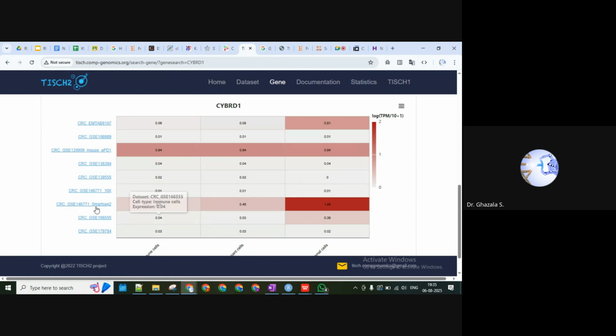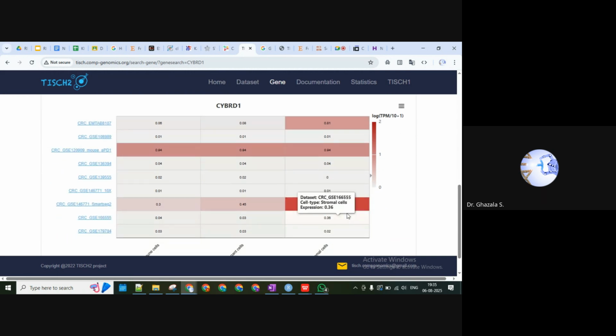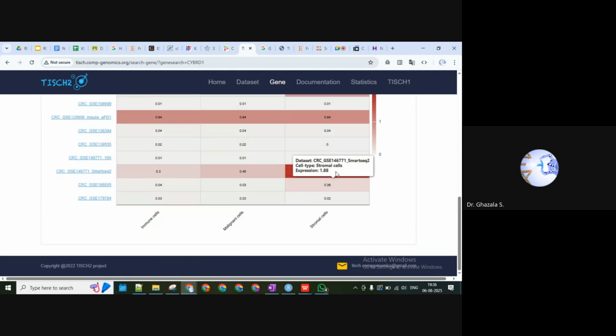And here we can see within this particular data set, which is from Smart-seq2, where we have a higher score, log TPM value, so transcripts per million. More transcripts are present in this particular study, where your gene has more involvement in stromal cells, or more stromal cells are present.